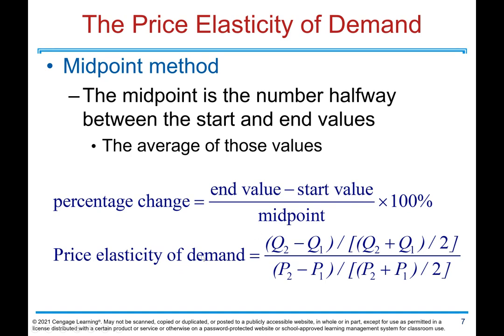Or price elasticity of demand is equal to (Q2 minus Q1) divided by ((Q2 plus Q1) divided by 2), all over (P2 minus P1) divided by ((P2 plus P1) divided by 2).